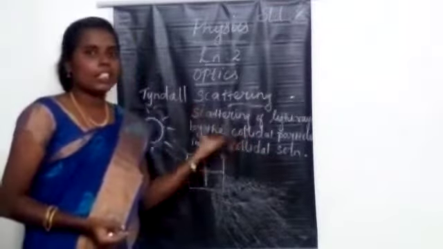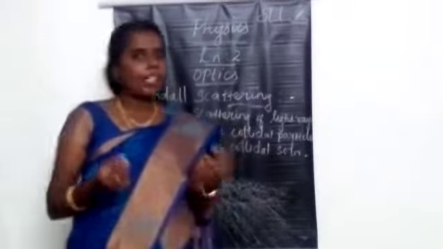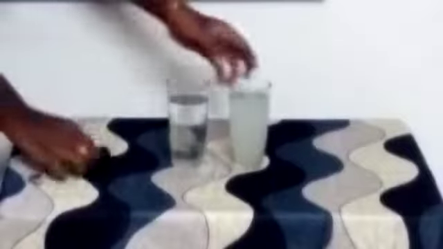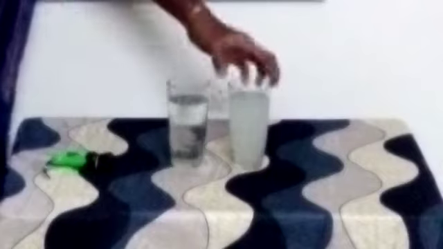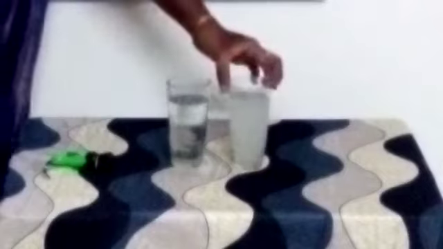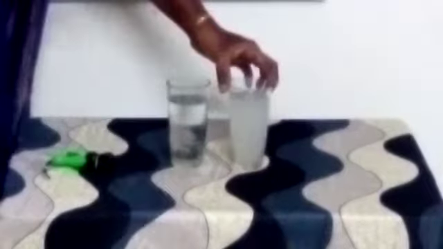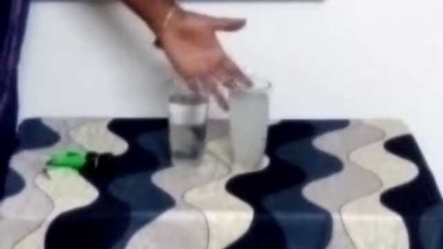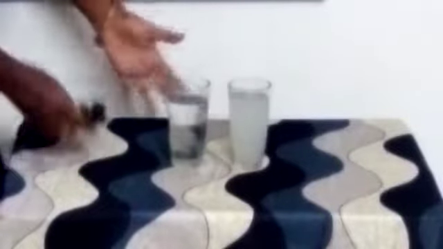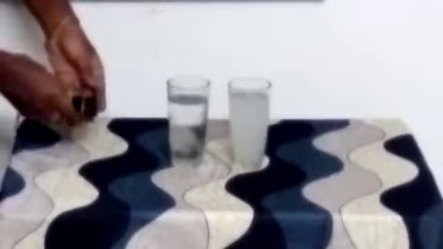Now we can see Tyndall scattering by a simple experiment. Here I have taken 2 cups. One cup I filled with pure water. Here I have taken the colloidal solution, I just mixed some drops of Dettol there, so it will be considered as the colloidal solution. Now we can see the path of light through these two cups.